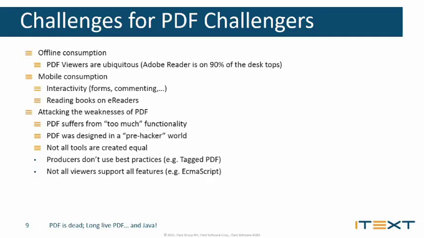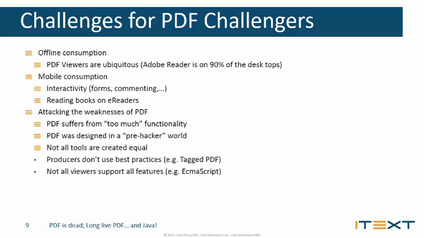Suppose that you would create a new document format or promote an existing document format to challenge PDF. What would be the challenges? Well, with PDF you can consume a document offline, so that's very important. If you would say, let's make HTML5, for instance, a competitor for PDF, you would need to make sure that all the content is available offline.